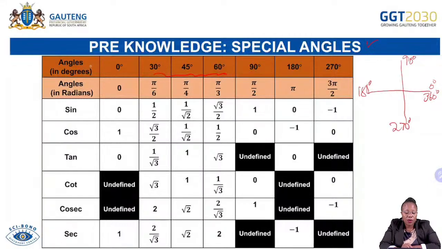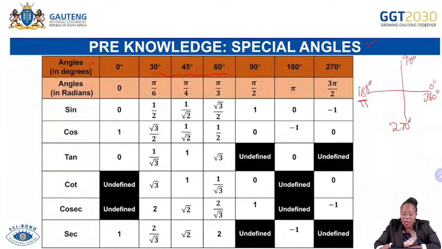And then now your angles here, 0, 30, 45, 60, 90, 180, those are in degrees. And then we have given a notation of those angles in terms of radians now. 0 will remain as 0, but 30 degrees is the same as π over 6, and then 45 degrees is π over 4 radians, 60 degrees π over 3 radians, 90 degrees π over 2 radians, 180 is π radians. That means when I'm at 180, I know that I will be referring to π radians.